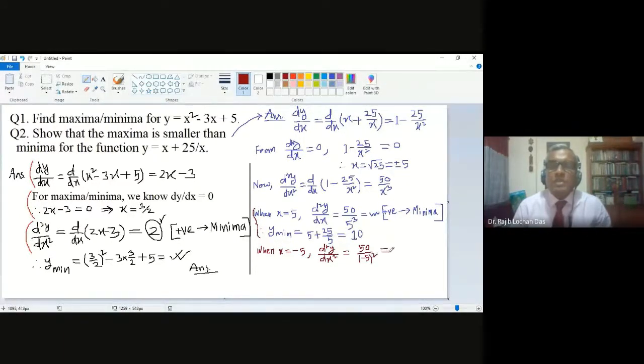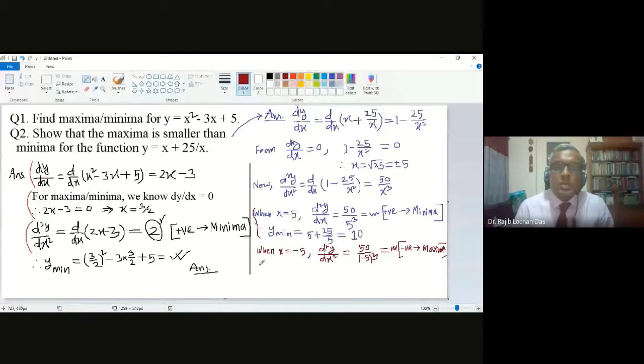So 50 by -5 whole cube will be some negative number, and we can say a negative number will bring the maximum value of the function. So as we are sure about the maximum value of the function, we will now calculate the maximum value. So next line you calculate y max.